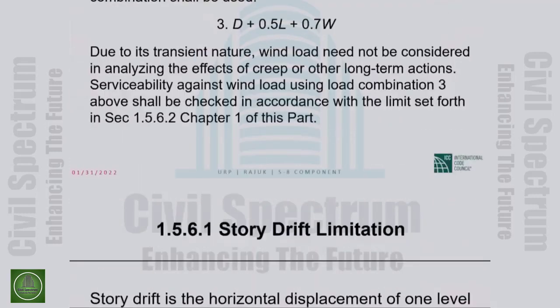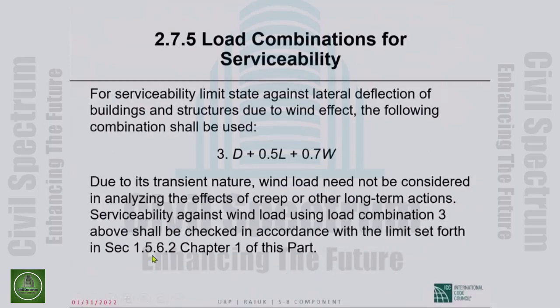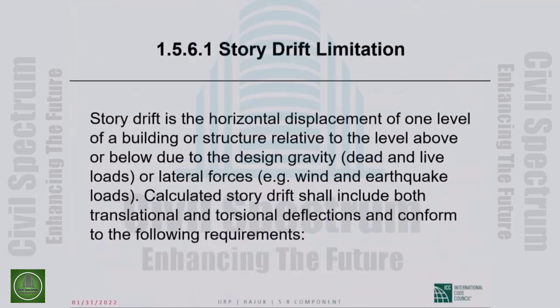Now here, the reference is not so much to the table, but to these drift limits that follow. 1.1562 is the next section. Anyway, let's read this. This gets pretty interesting, and I have quite a bit of problem with some of the things that are said here.